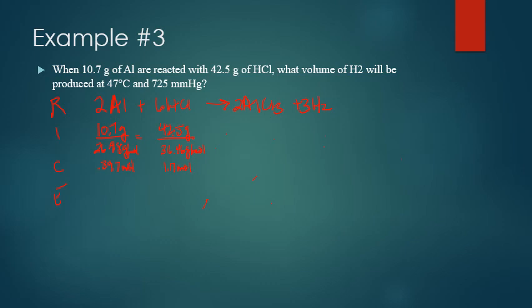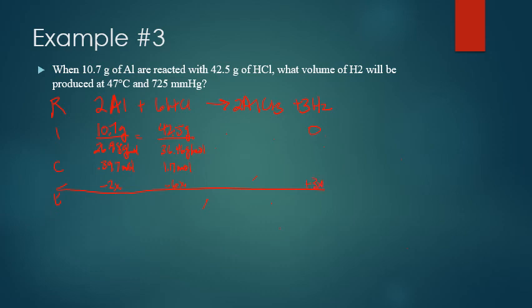I have a coefficient of 2, so I'd have minus 2x for the aluminum, and I have a coefficient of 6, so I have minus 6x for the hydrochloric acid. And we're trying to solve for volume, so my initial amount of volume of H2 gas is 0, and that would just be plus 3x.